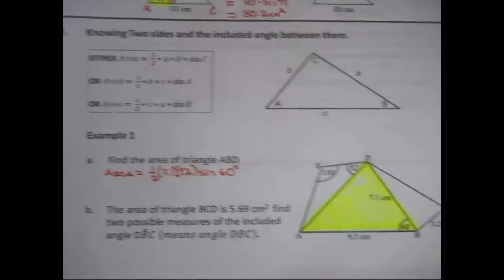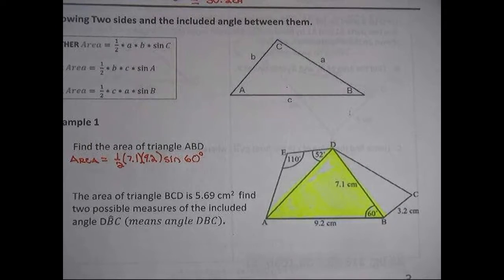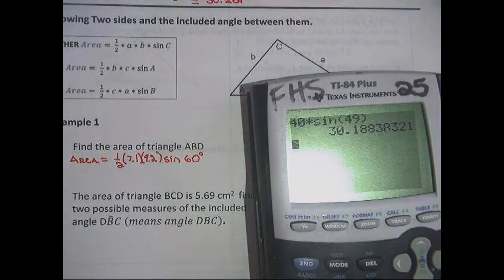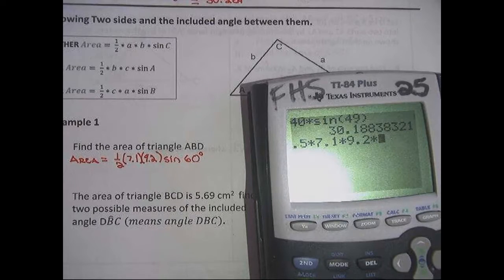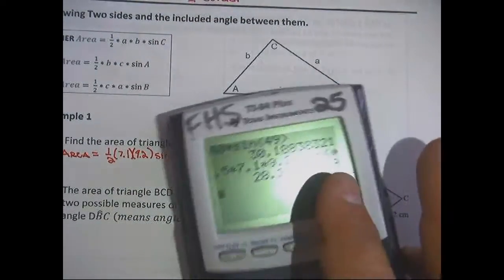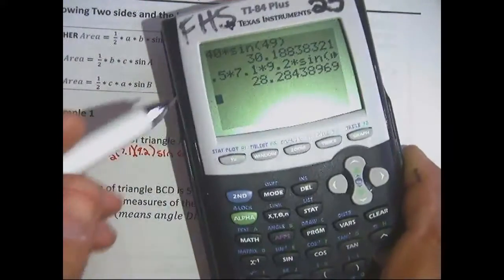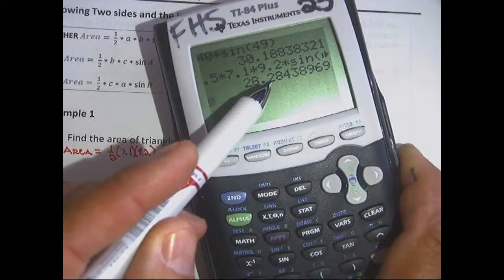And there's my area. And then you run that through your calculator. 0.5 times 7.1 times 9.2 times sine 60. That is, whoops, to 3 places, 28.3.